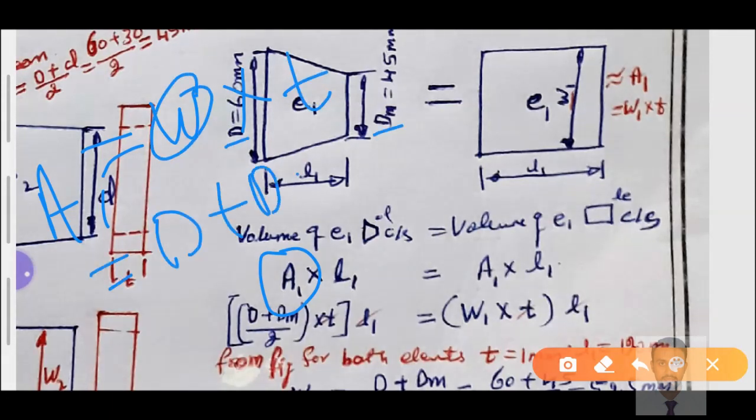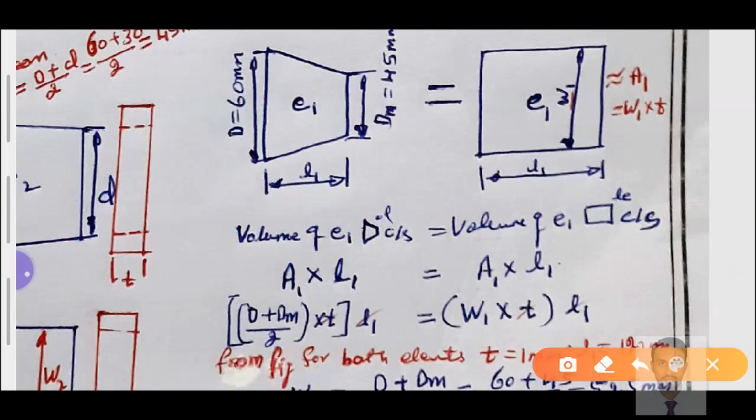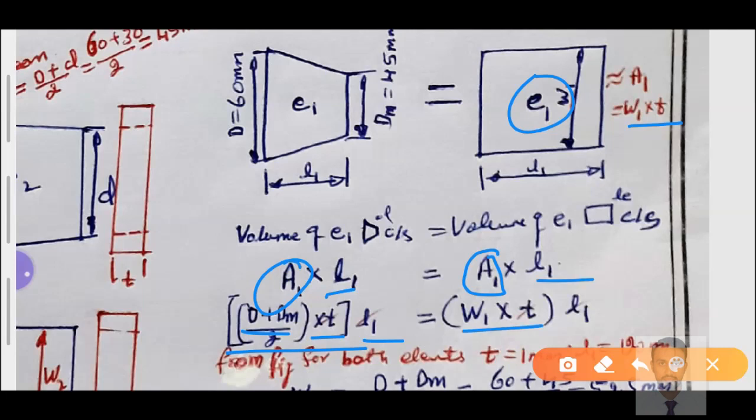D plus D mean, both the widths, divided by 2, into T. So I have taken here D plus D mean divided by 2, and then into T, that is the area of cross section, and into L1. Similarly, the area of cross section number 1 for the uniform cross sectional element is equal to W1 into T. When we multiply by the length, it becomes a volume.